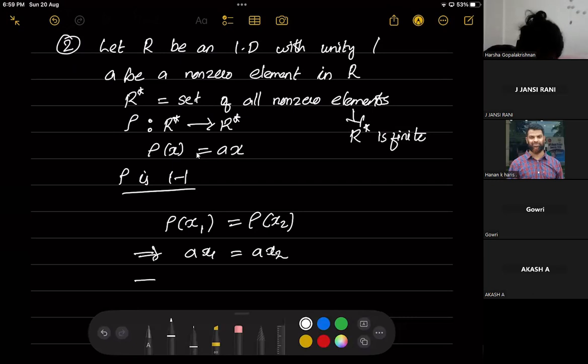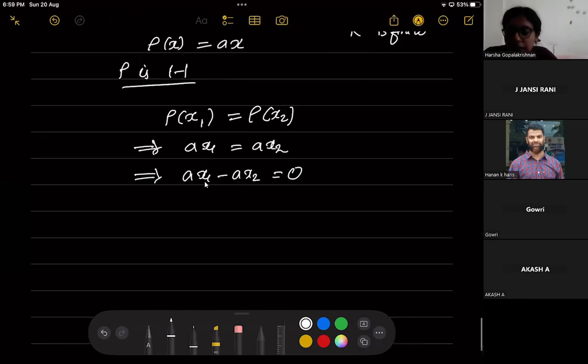Here it is ax1 minus ax2 equals 0. Note that this minus is actually not the usual minus. We have an operation plus here, so it may not be the usual addition.